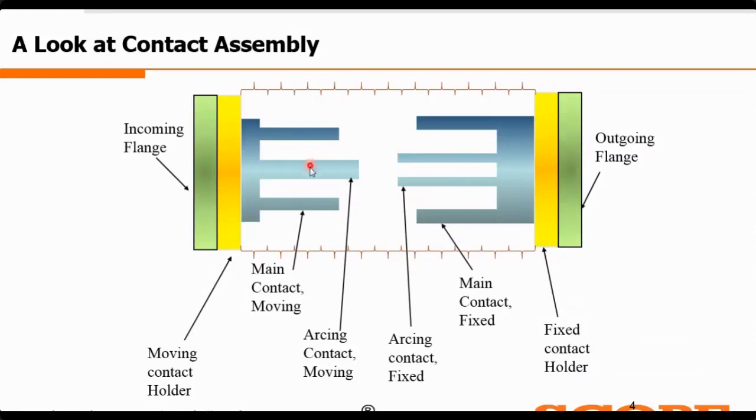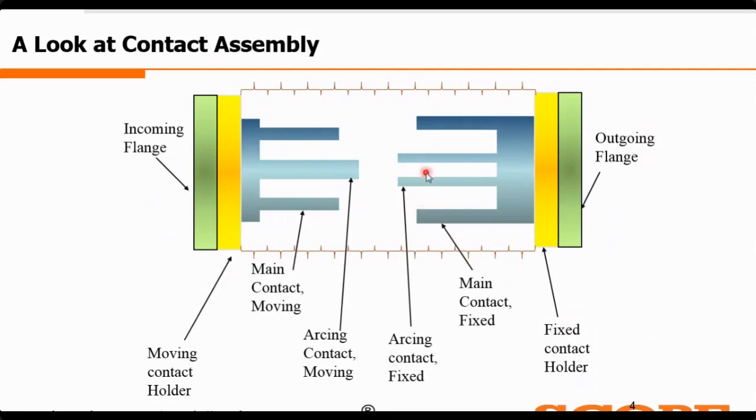Now you know that the main contact is made of silver or copper materials, which have a very low resistance, while the arcing contact is made of tungsten wolfram materials, which have quite a high resistance. Now when the breaker is kept closed, the main contacts and the arcing contacts are both closed. When we inject the current, the current will basically follow the low resistance path.